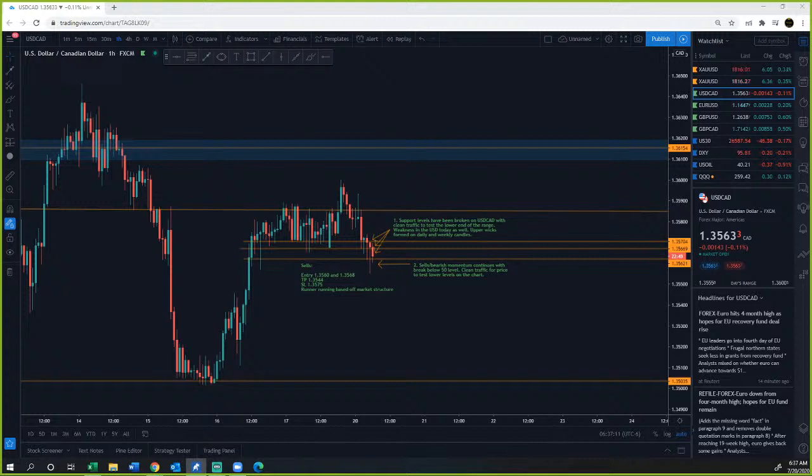Ranges are not fun to trade between because anything can happen, and there's a lot of traffic. You might get stopped out or shaken out of your position. So right now it's really just a waiting game.